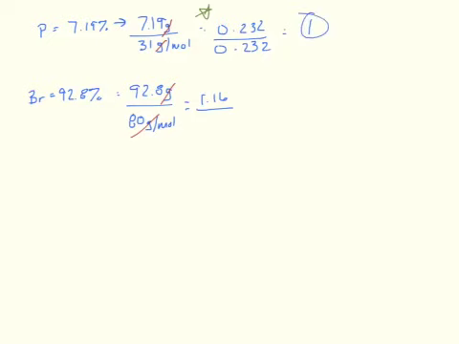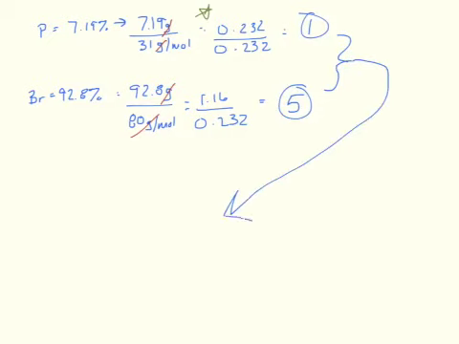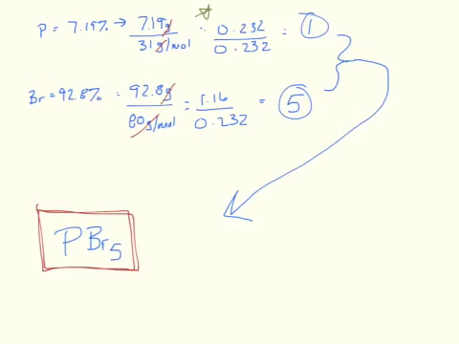We have 1. Alright, and that is going to give us 5. Okay, so what does this empirical formula look like? Phosphorus, we have 1. Bromine, we have 5. And please keep this because you will need it for our molecular mass questions.